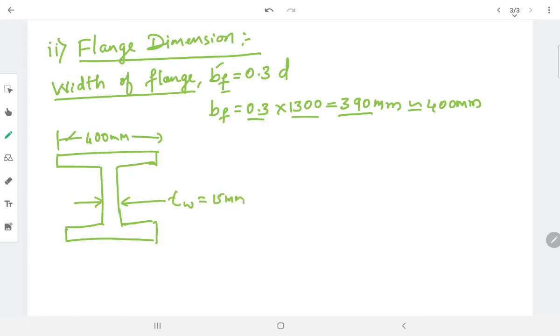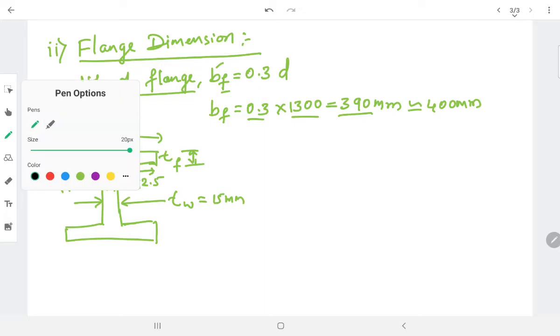Previously we calculated this one, and we need to calculate this thickness of the flange. This is called thickness of the flange, and this is called B. How to calculate this B? This 400 minus 15 divided by 2. If you do that, you'll get this B as 192.5.